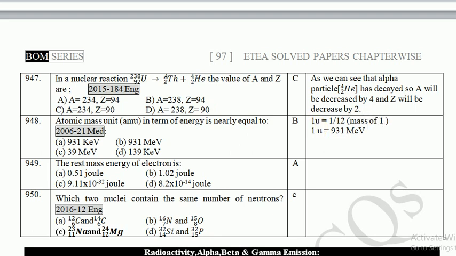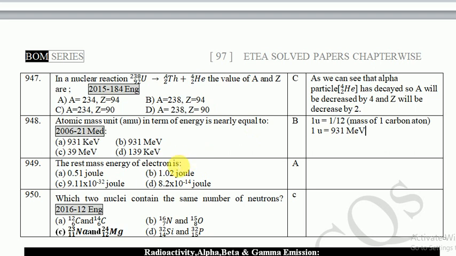To find the mass of one carbon atom, we use that 1 mole is equal to Na atoms. This is a lengthy calculation, but just remember that 1 AMU is equal to 931 mega electron volt, or 1.6 multiplied by 10 raised to power minus 27 kg.